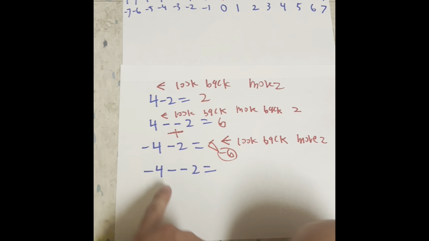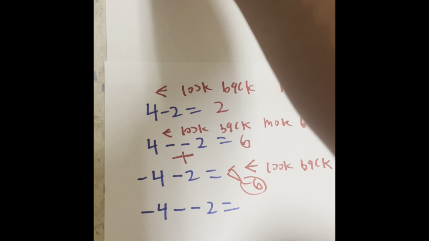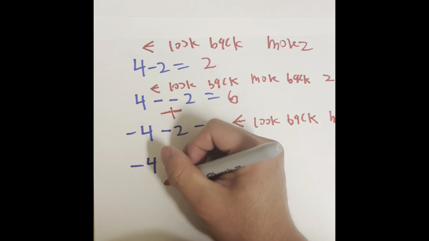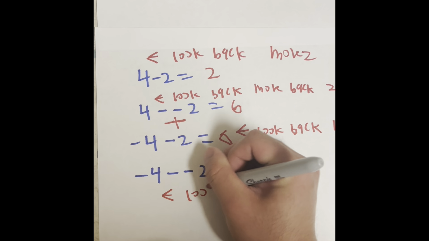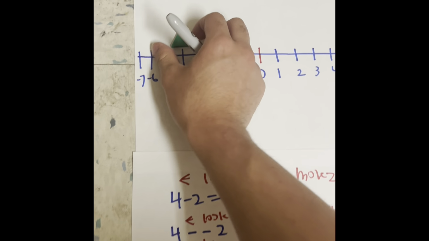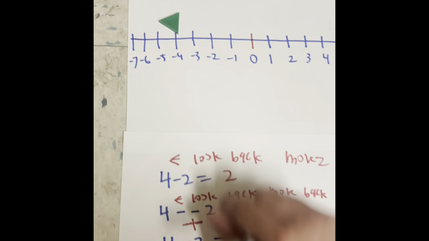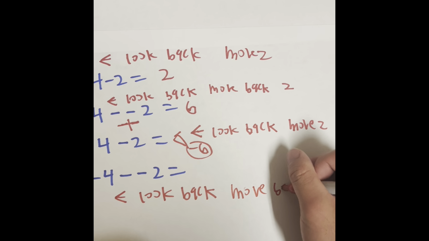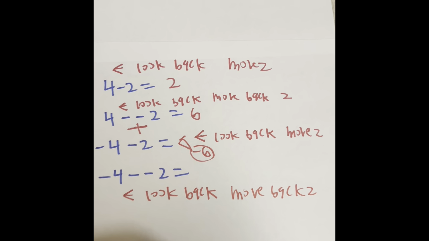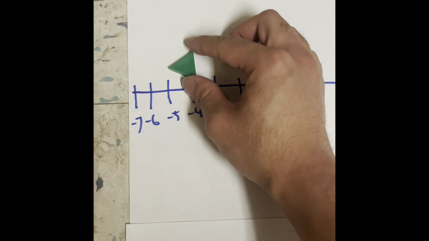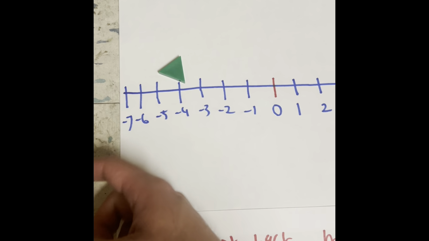And the last one, we are going to start at negative 4. This is telling us to look back. So we're going to look back right here. Move back 2. This tells us that the triangle has to move backwards, opposite to the way it's facing.